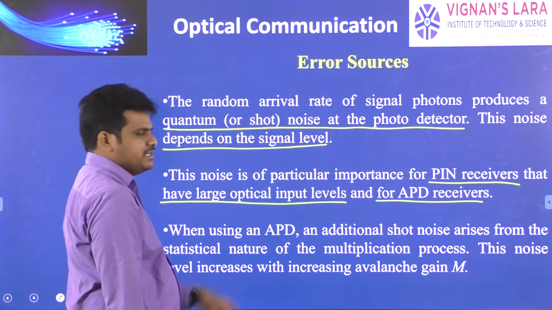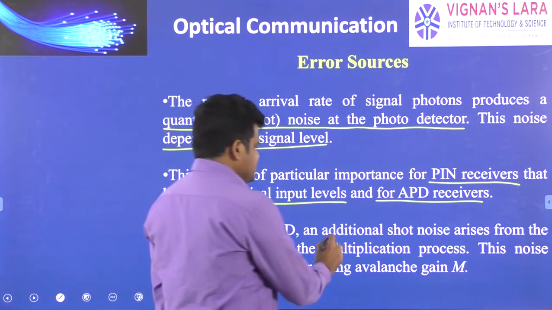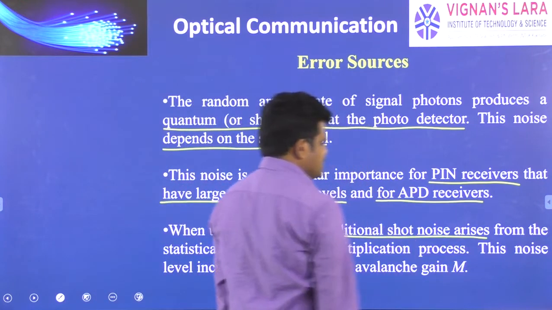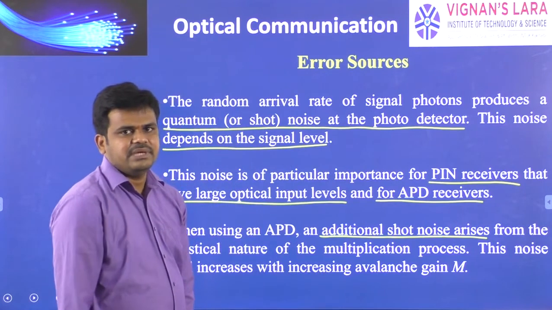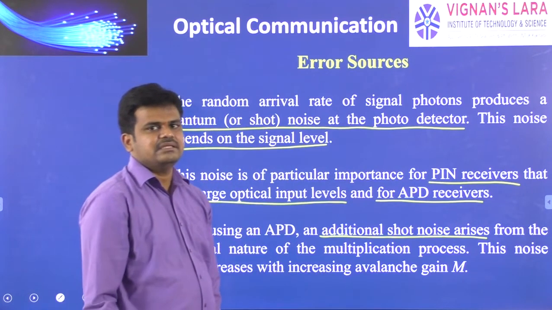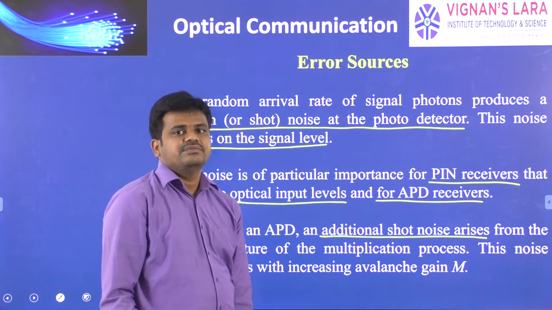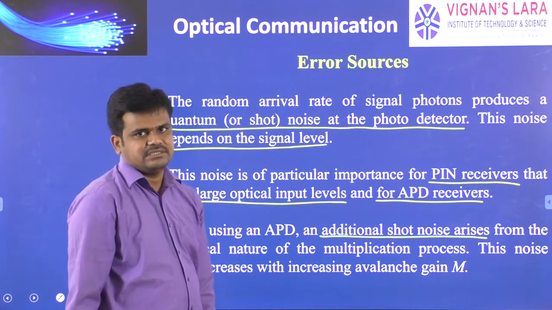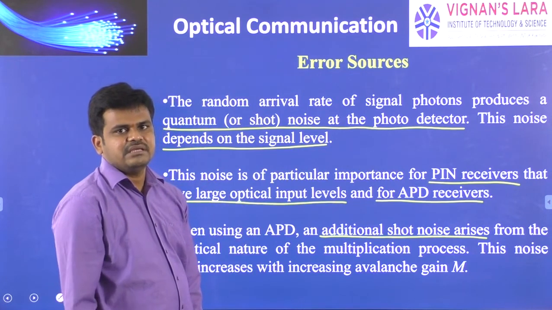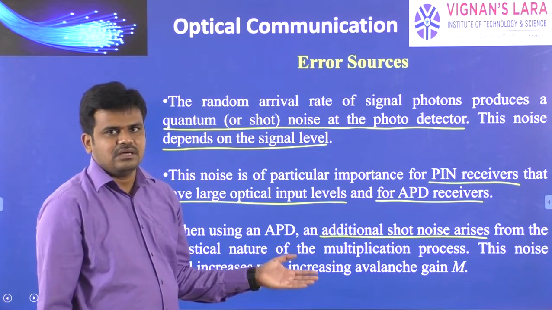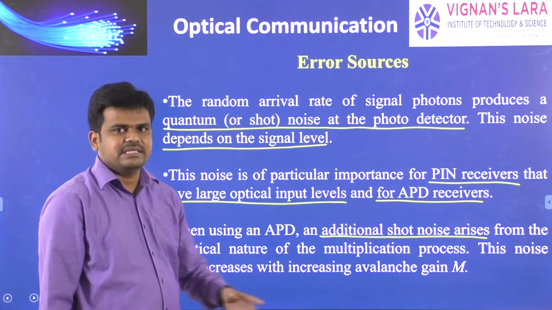When using an APD, avalanche photodiode, additional shot noise may arise, because APDs are operated with a large reverse voltage. So noise levels may be higher compared to the noise produced by the PIN diode.